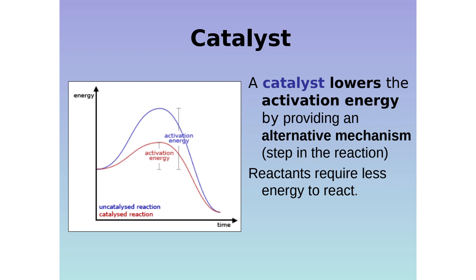When we look at the effect of a catalyst graphically on a potential energy diagram, what we notice here, this is again an exothermic reaction. We can tell because reactants have a higher potential energy than our products. Here are two types of reactions, one that is uncatalyzed in blue and one that is catalyzed in red. The uncatalyzed reaction has quite a decent EA barrier right here.